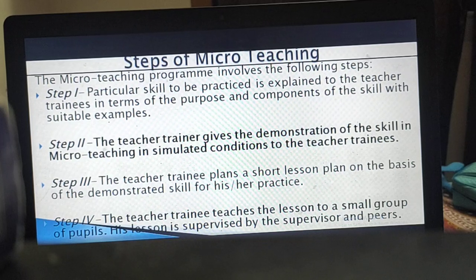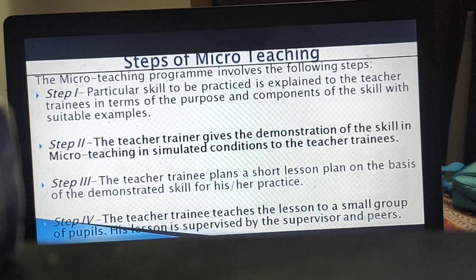The teacher has to choose a particular skill. Number 2, the teacher trainee gives a demonstration of the skill, and the teacher has to demonstrate the skill which he has taken for teaching.